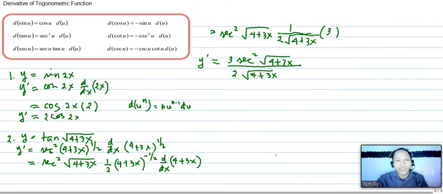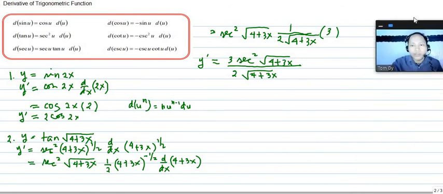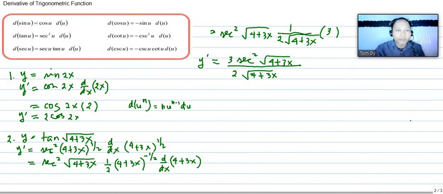Okay, so another example. We will have another example for the derivative of a trigonometric function. So let's say number 3. We have y is equivalent to 2x cubed cotangent of 4x.